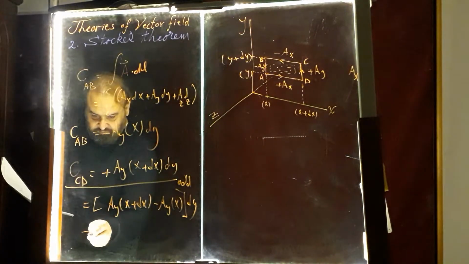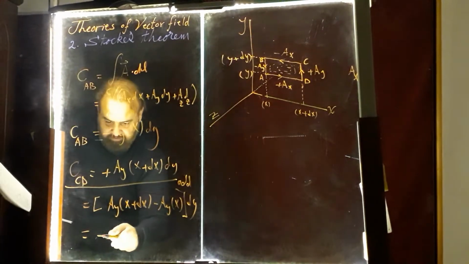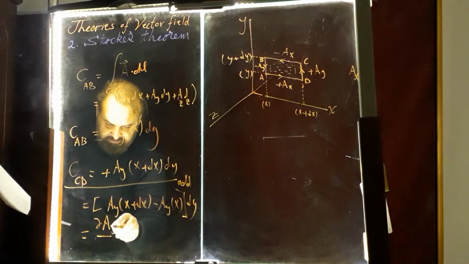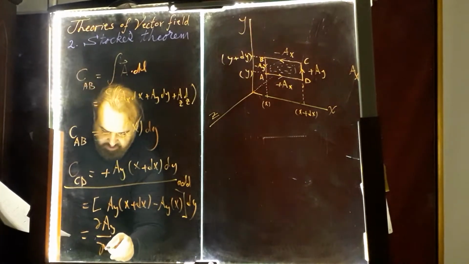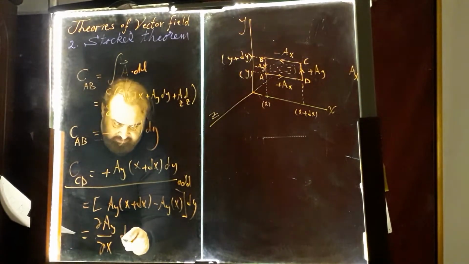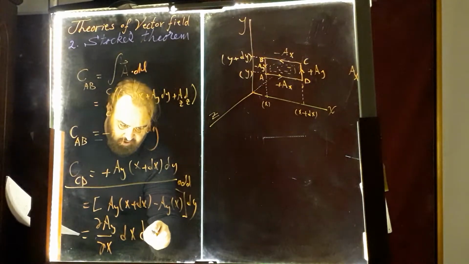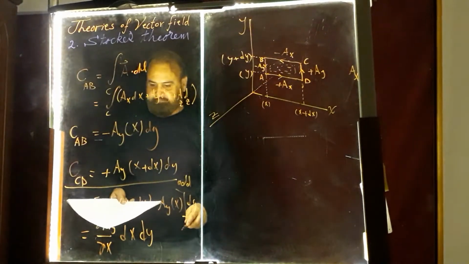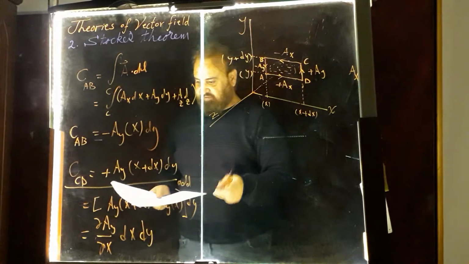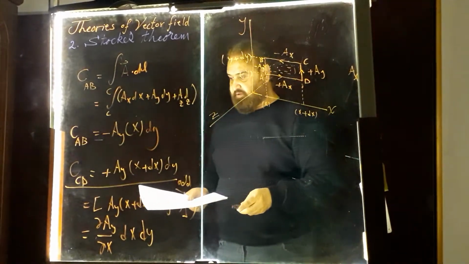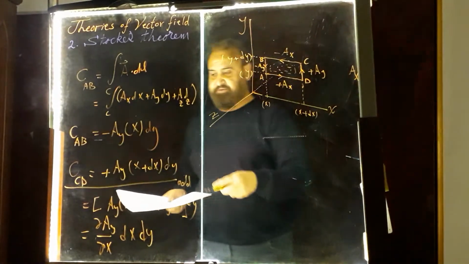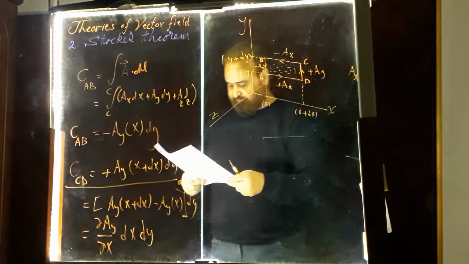And this is equal to the partial of A sub y over partial x, dx dy, like the Taylor expansion, which I did in the last theorem.